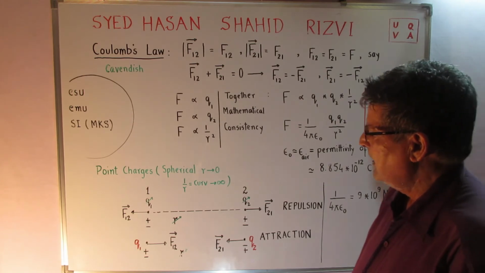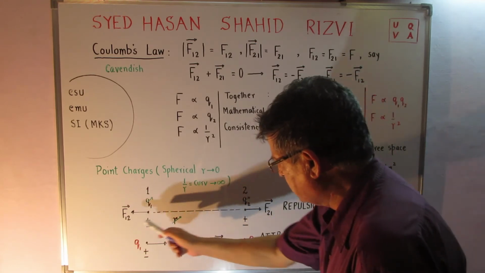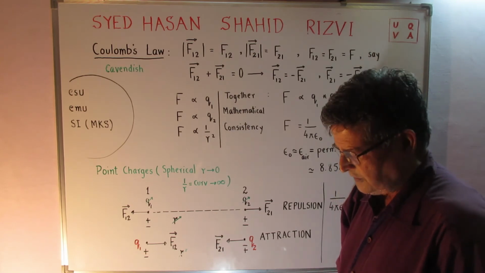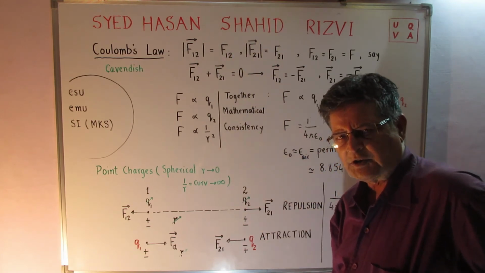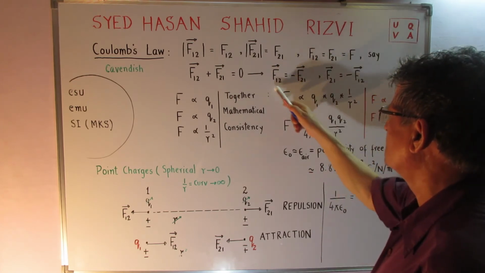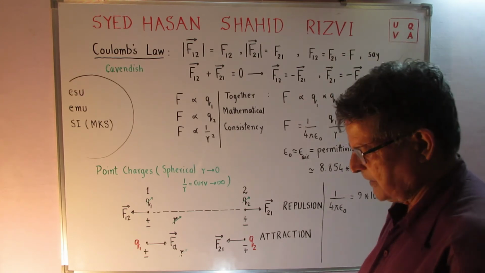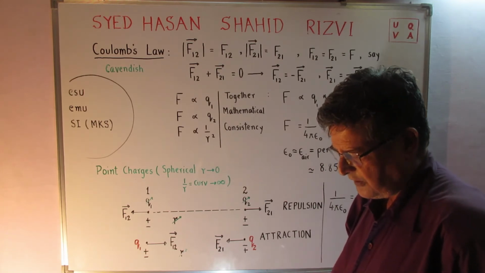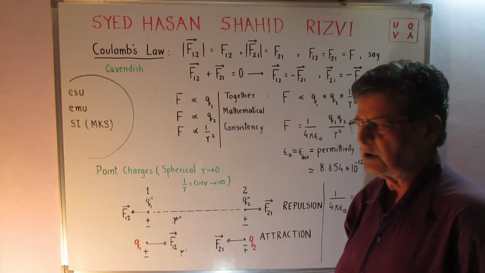But what we see and achieve for the isolated system that we have described here is that F12 plus F21 is equal to 0. There is no force from outside. Like in the case of the gravitational explanation also, I said F12 plus F21 is equal to 0, which shows that F12 is equal to minus F21, and these notations indicate that we are talking about quantities with direction, that is, they are vector quantities.